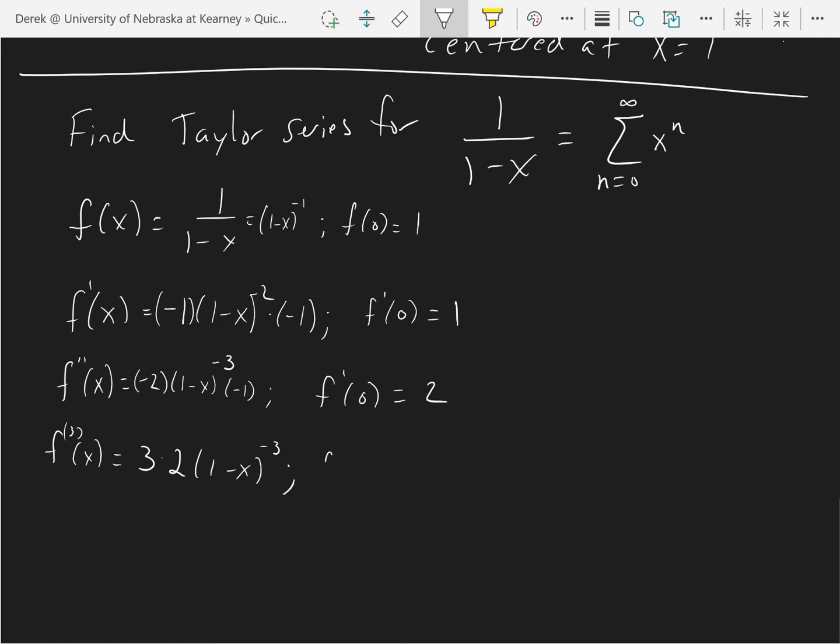Okay, and so the third derivative at 0 is 6, and so on. So c sub n, the coefficient of x to the n, is going to be, well, the nth derivative at x is n factorial times 1 minus x to the negative n minus 1.